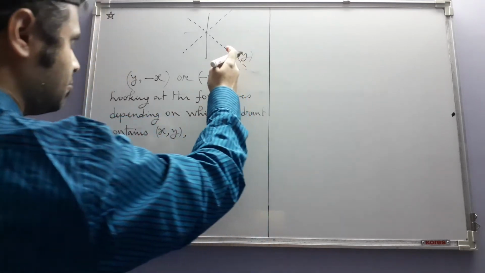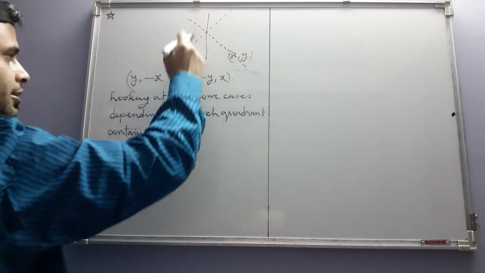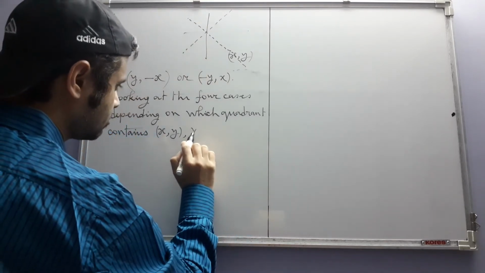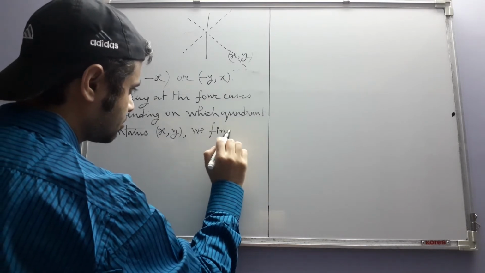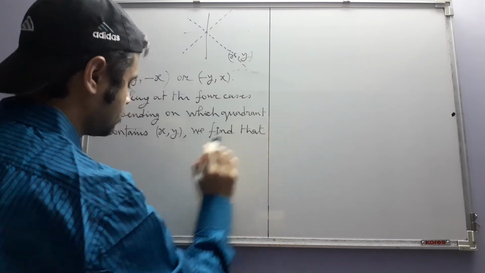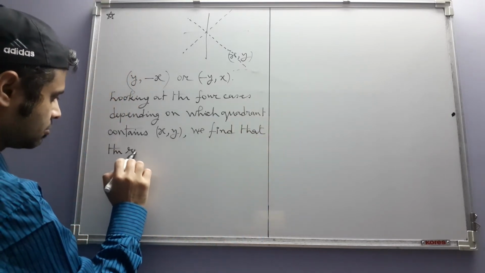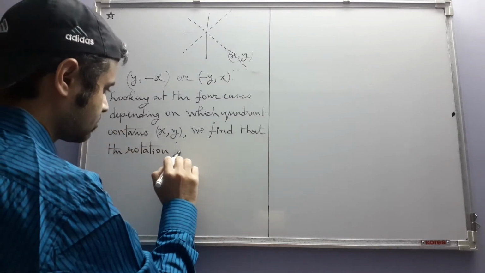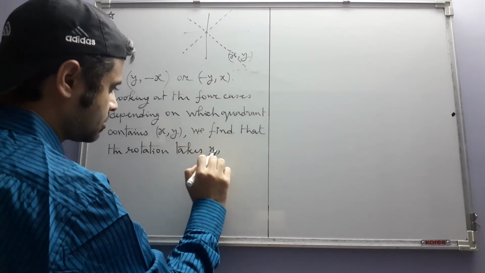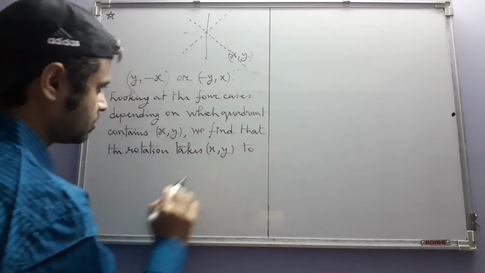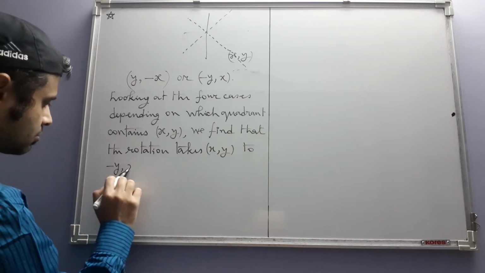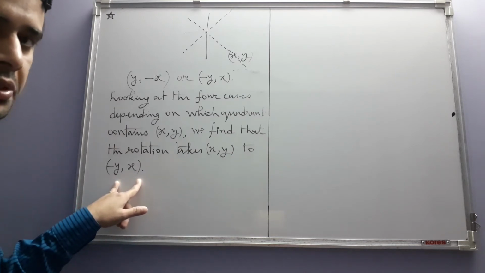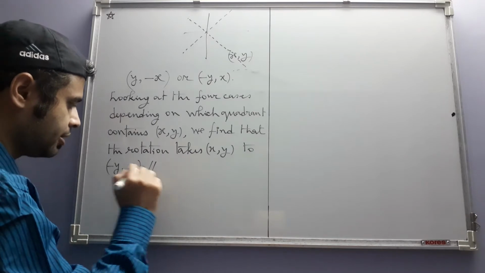So our given point may either lie in the 4th quadrant or 1st or 2nd or 3rd. And these are the 4 cases. We find that the rotation takes x comma y to minus y comma x.